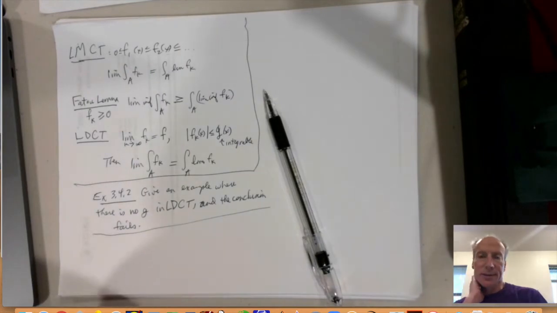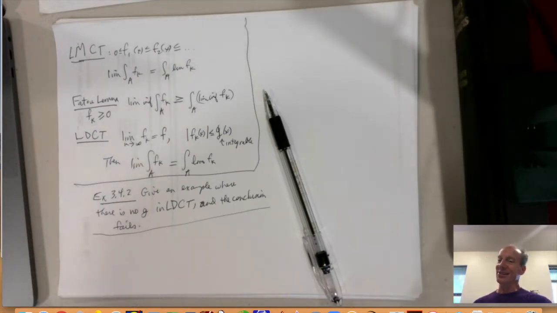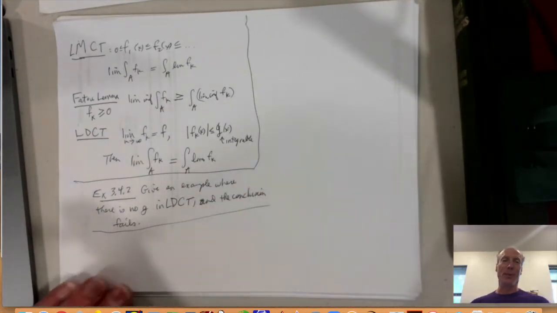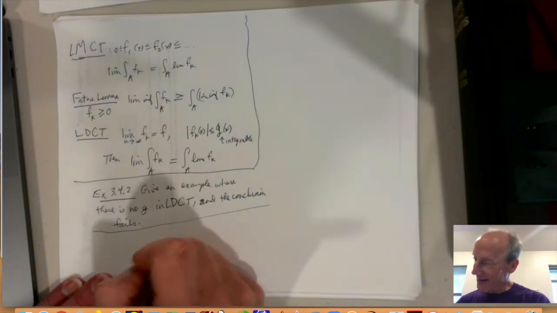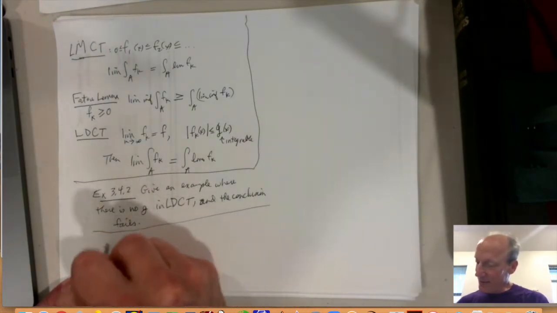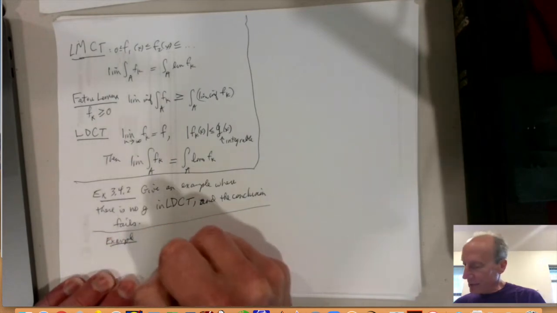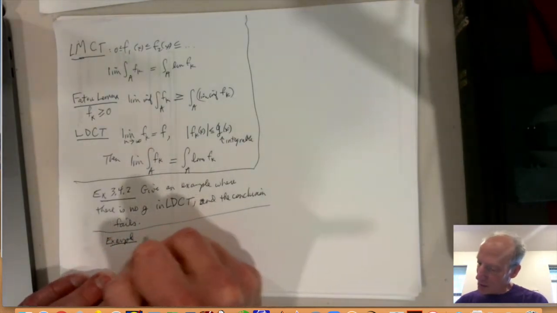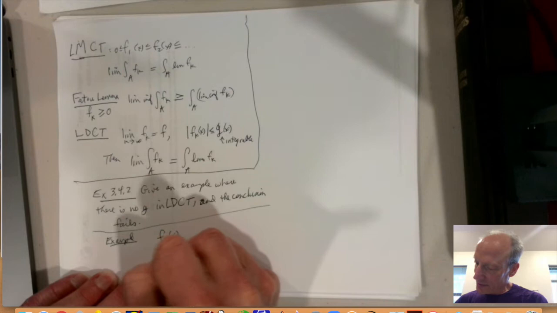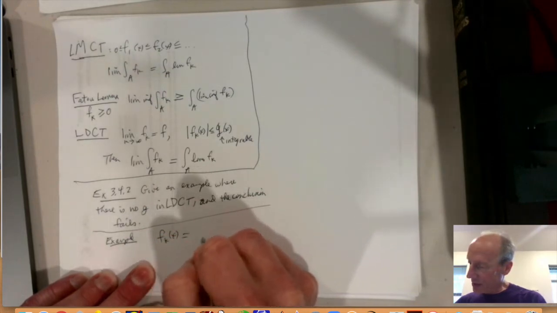So let's see who can figure that one out. That's right, Lucas. You like those wandering bump functions, don't you? Good example. So here's an example. There are many, many other ones, but you could have a function fk of x equals, let's draw a picture of it first.